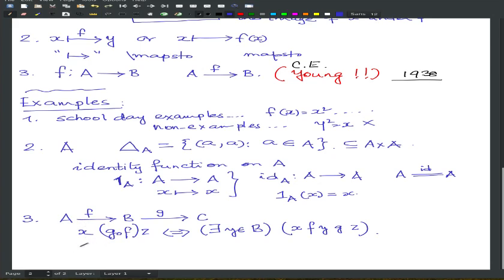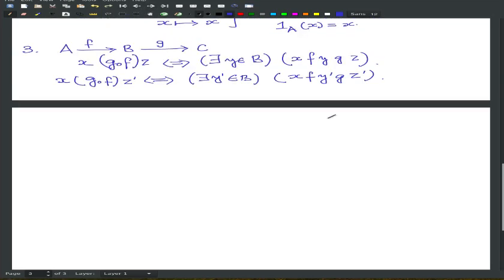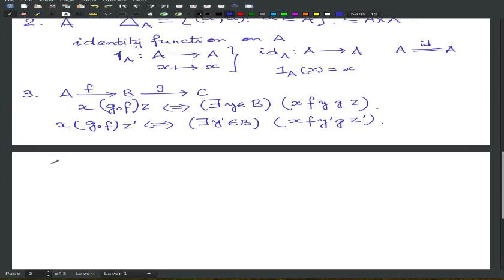But observe, suppose you tell me x, and you tell me also this, then this tells me that there exists a y' in B such that x f y' and y' g z'. But since x f y, and f is a function, and x f y', this tells me y is equal to y'.